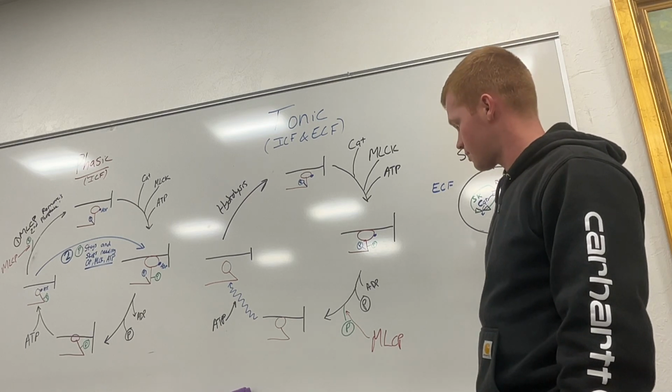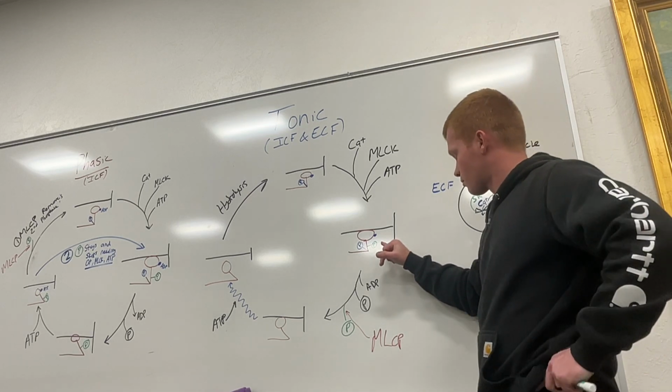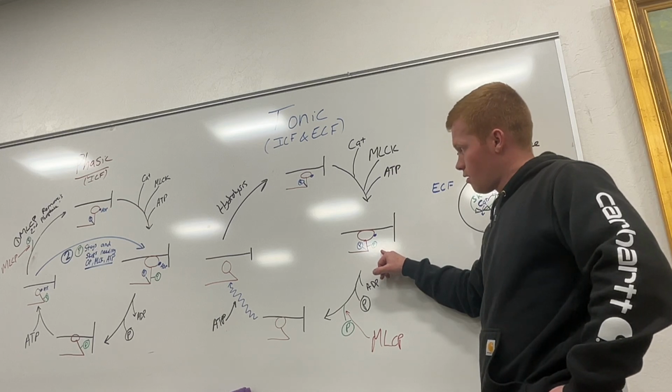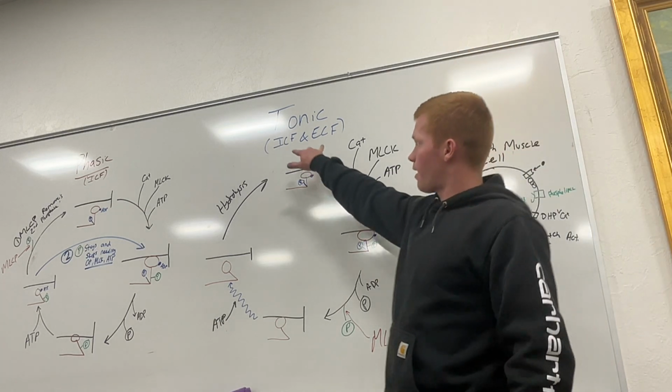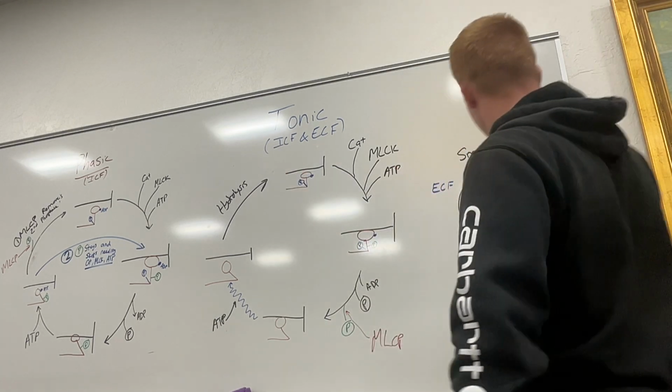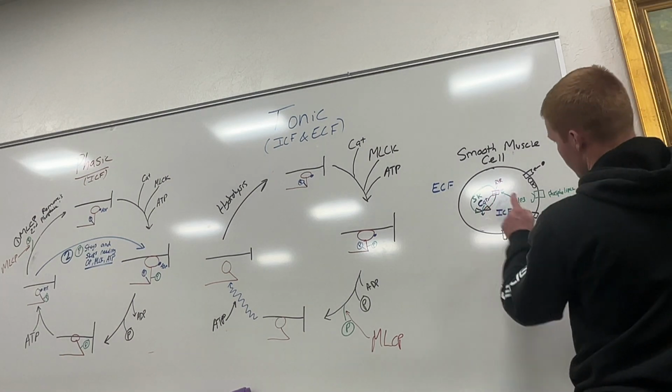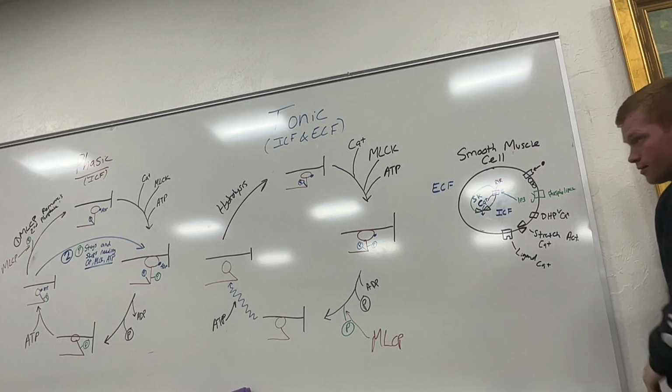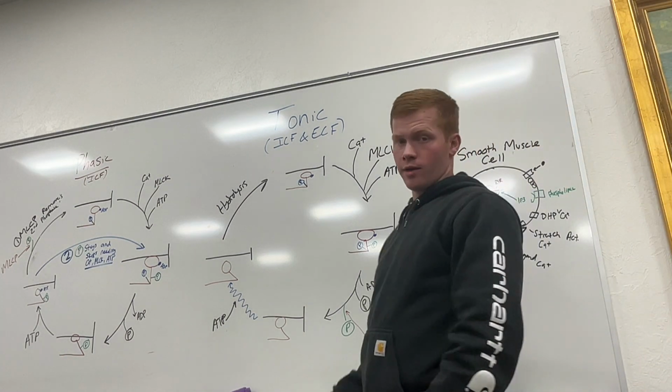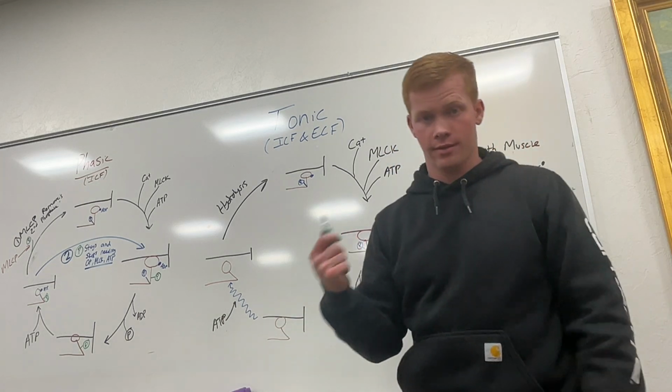But in this case, we're drawing calcium from the ICF and the ECF. So not only are we getting calcium from here, we're also getting it from the outside, the ECF. So we're going to have a high amount of calcium.